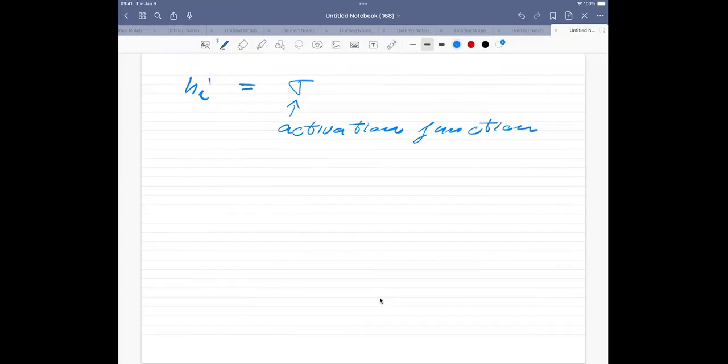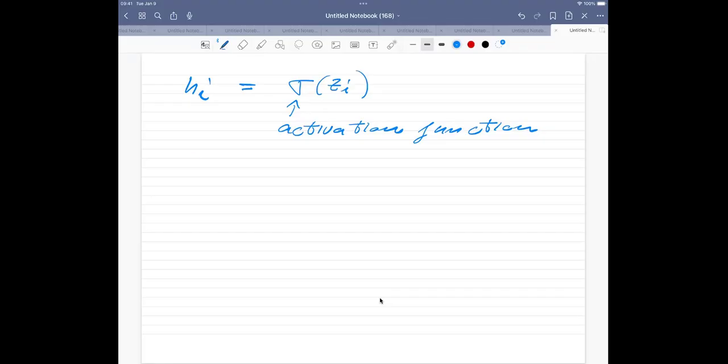And you saw in the examples in the previous lecture, this could be the ReLU function, it could be the ELU or any of the famous activation functions. And this has some input, which we can call c of i.